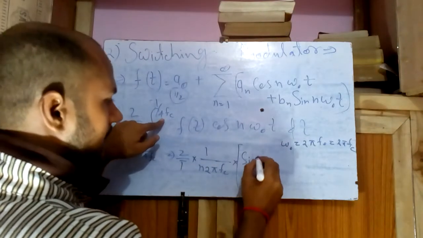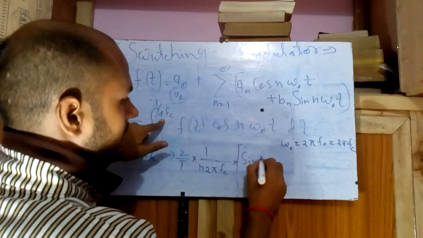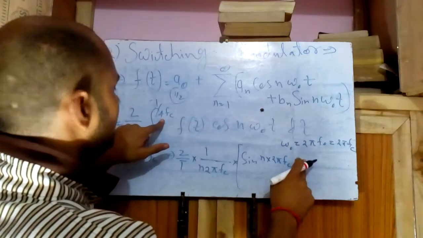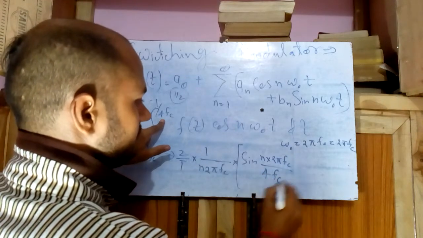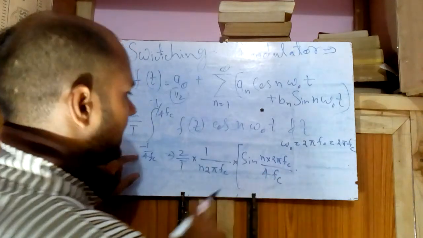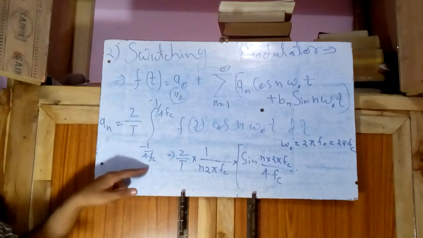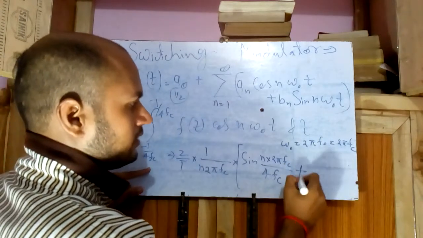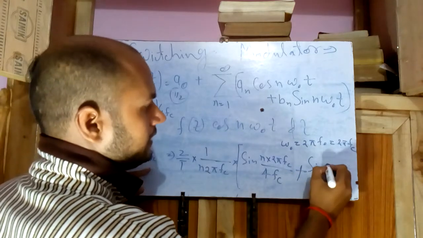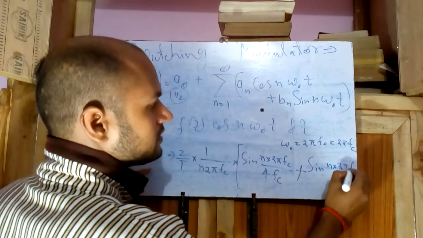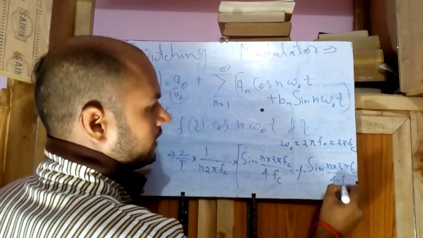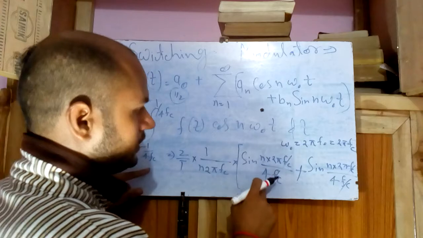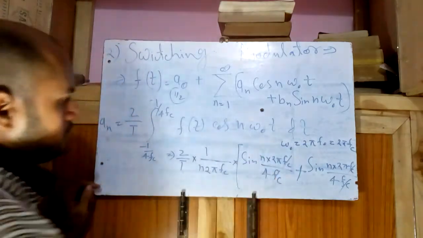First 1 by 4 Fc, sin of n into 2 pi Fc into t, t is 1 by 4 Fc, right? Minus minus plus, sin minus theta is minus sin theta, so minus of minus sin theta means plus sin n into 2 pi Fc divided by 4 Fc. Fc cancels, right? 2 by 2, 2 by 4, 1 by 2.